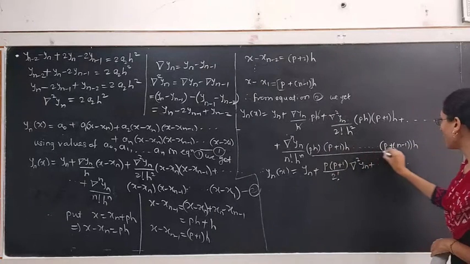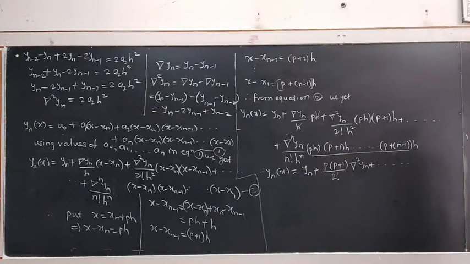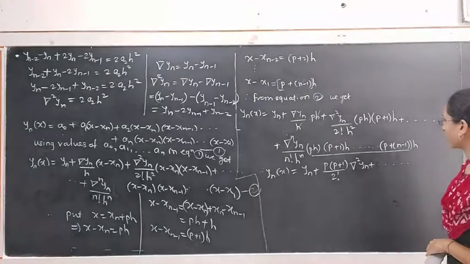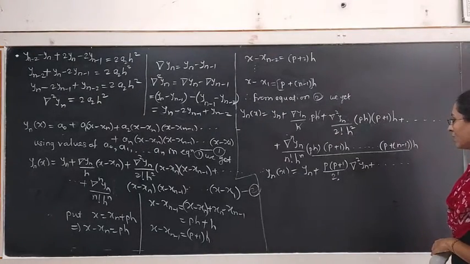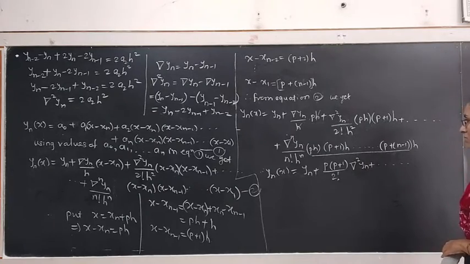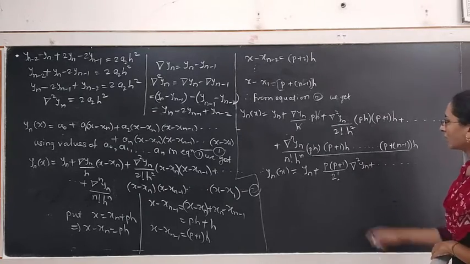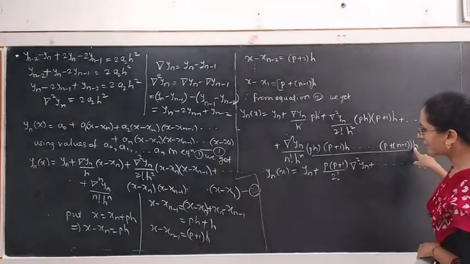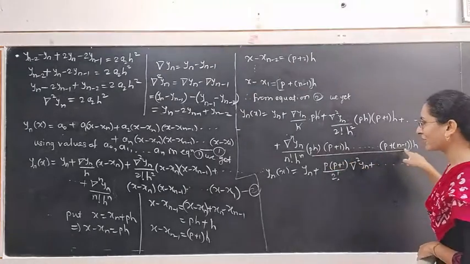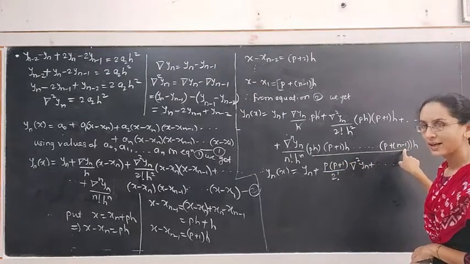These are total n terms, hence the total power of h in the numerator is n.